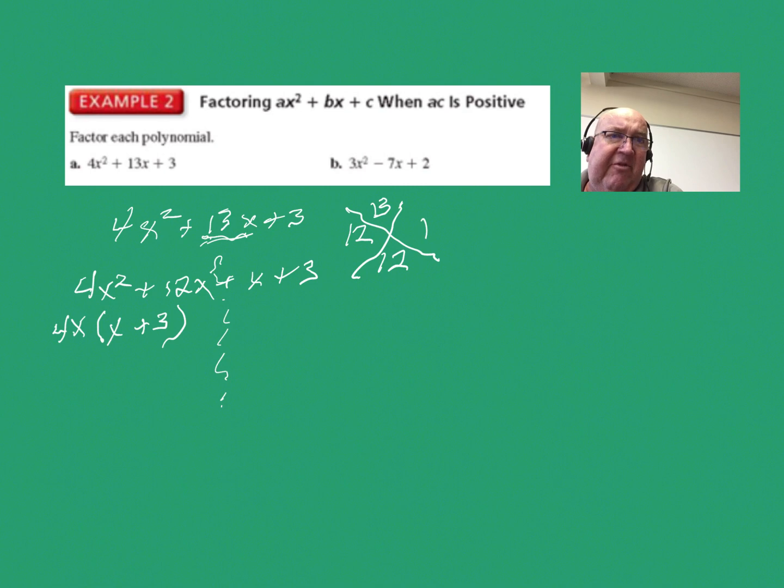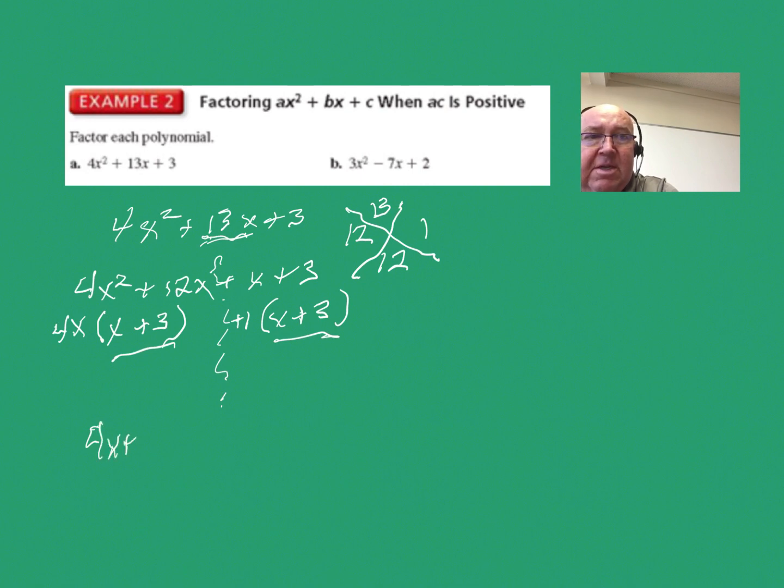They're already simplified, but I can take a 1 out. So I'm just going to put a plus 1 there, still leaving us x plus 3. So now we have the same terms here as when we distributed. We're going to go back and we're going to have 4x plus 1 be one factor, and x plus 3 be the other.